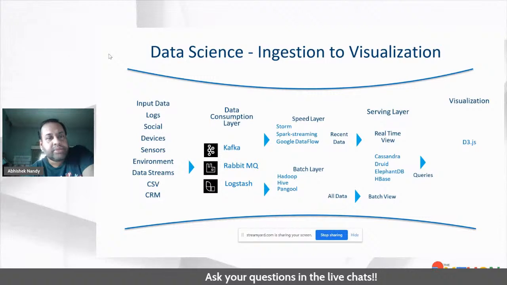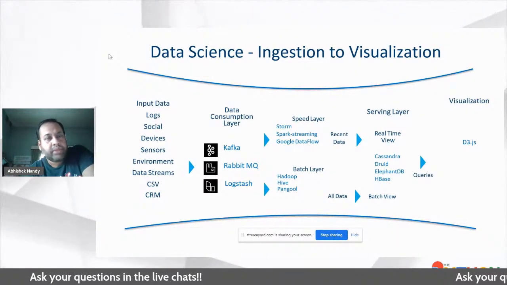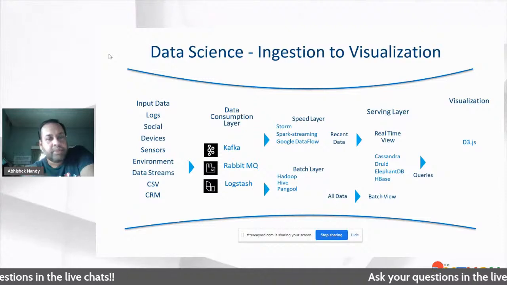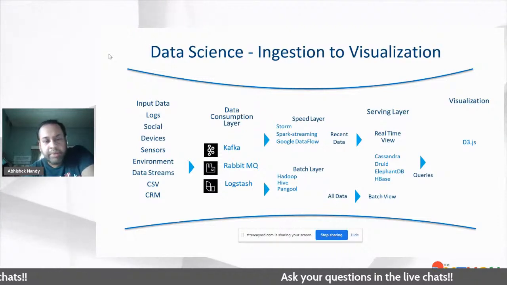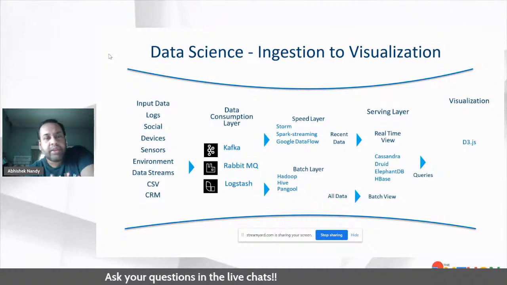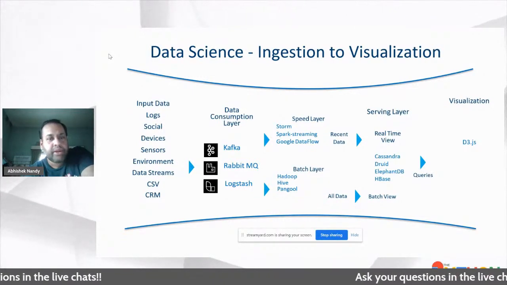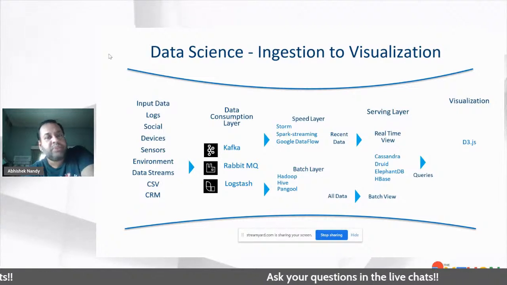So this data consumption that is happening when the data is being created, we do it with the help of some tools such as Apache Kafka, RabbitMQ, or Logstash. So when we are collecting the data, we can do the transmission in real time with these tools. Now, speed layers.